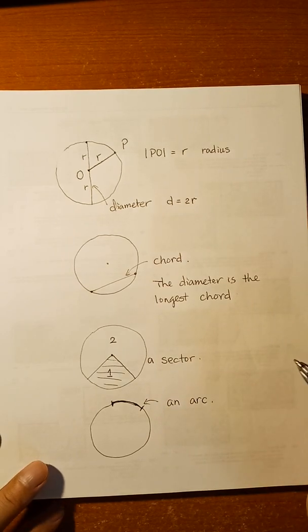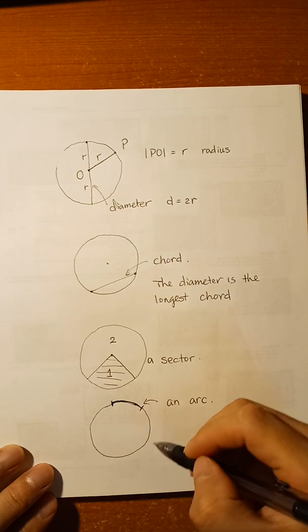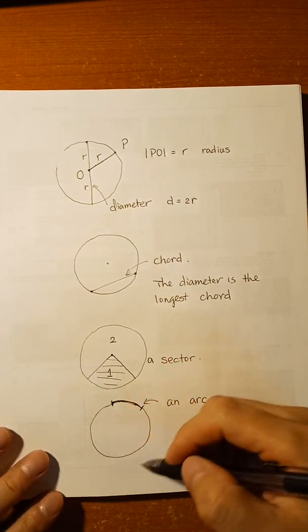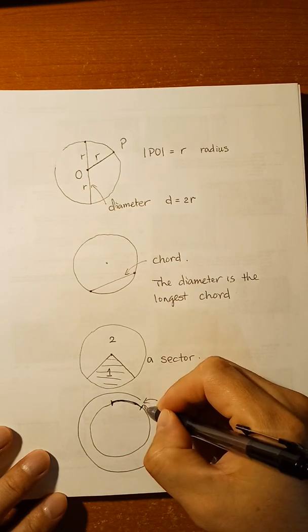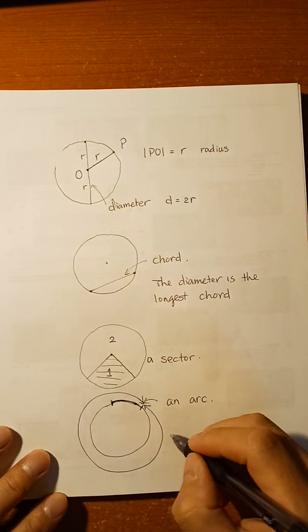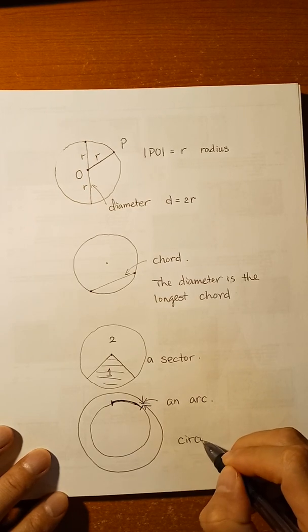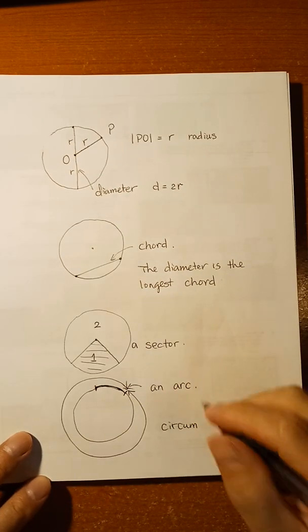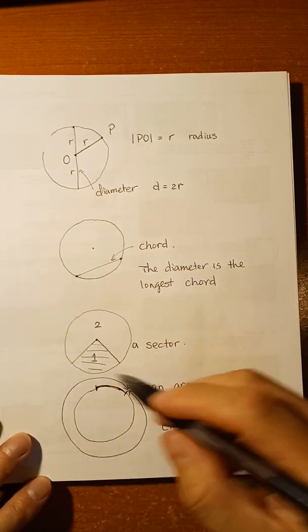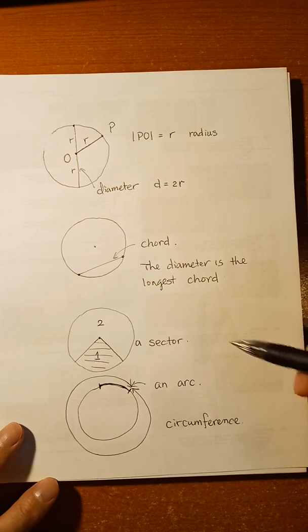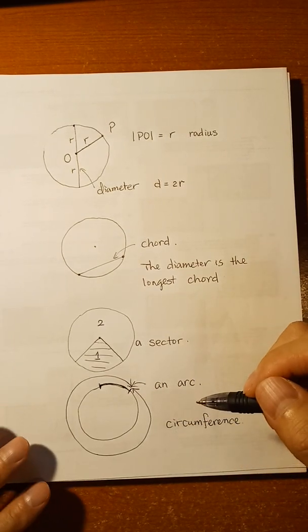If you cover the complete circle, this is called the circumference, the perimeter. So those are the basic names for the circle.